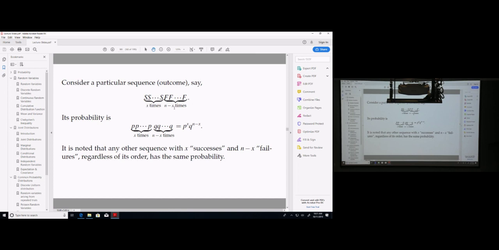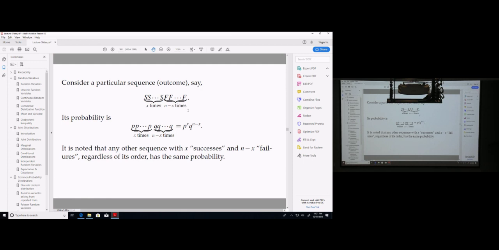You repeat the S x times, and you repeat the F n minus x times. The number of ways of doing it, if you still remember the Mississippi problem, is first of all, assume all the S are different and all the F are different. So you have altogether n different objects, so you have n factorial ways of arranging them.